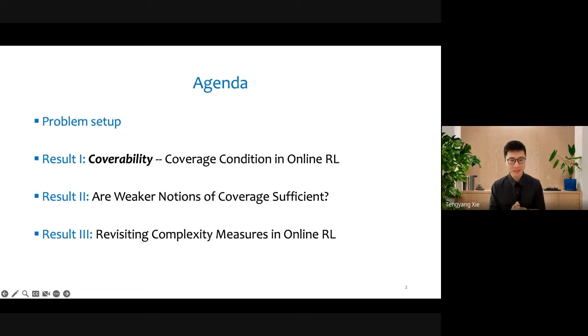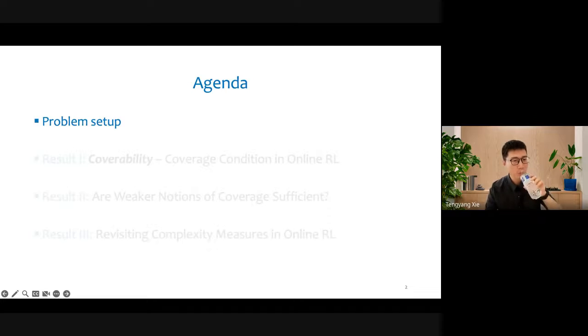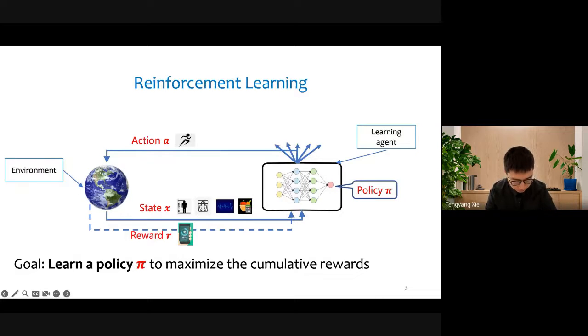In this talk, I will mainly cover three results, starting with the problem setup. The results are listed here, and you will hear them all soon. Let me set up the problem first. We are still studying the problem of reinforcement learning. We have an environment and a learning agent.